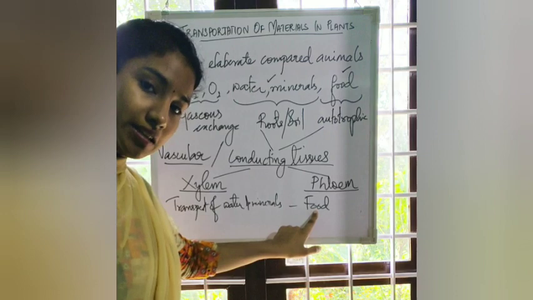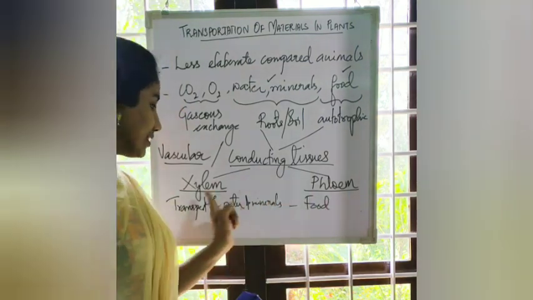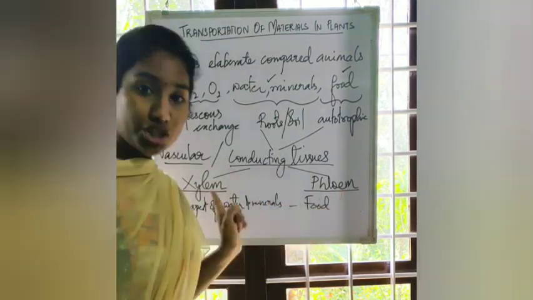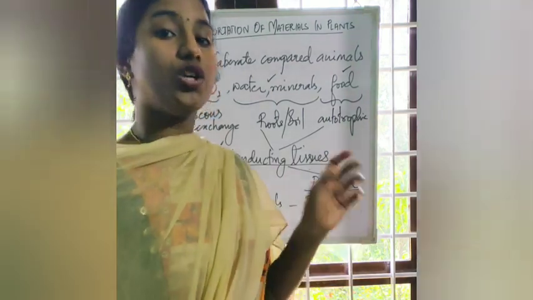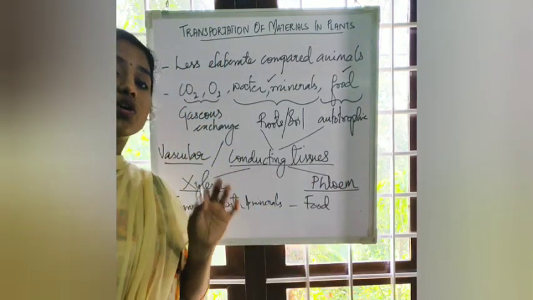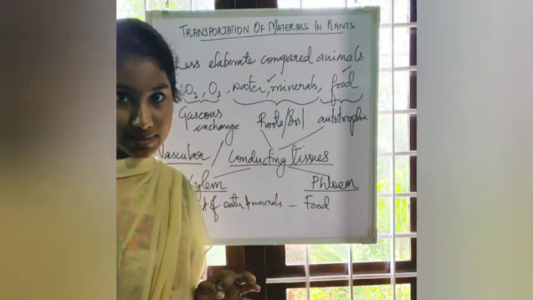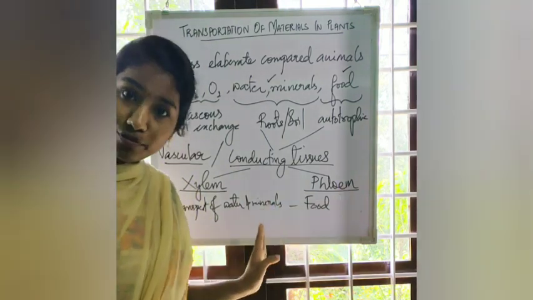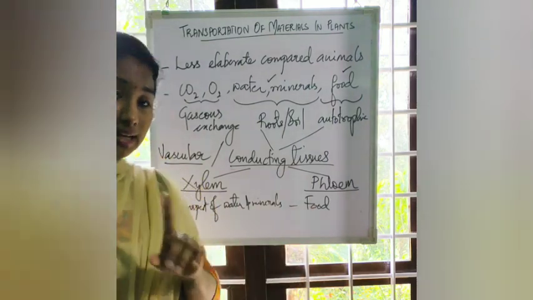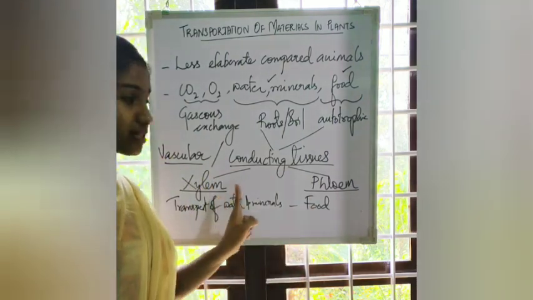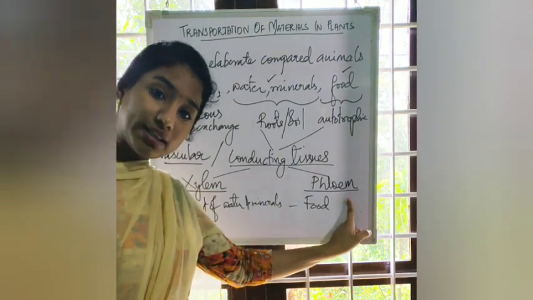parts of the plant. Now, these are tissues. In your 9th standard, in the chapter Tissues, you learned that tissues are groups of the same kind of cells. These are also groups of cells, but here they are made up of different types of cells. That is, xylem is a complex tissue, phloem is a complex tissue.